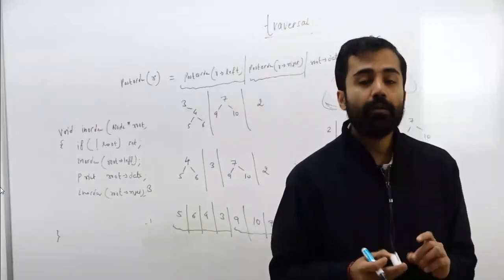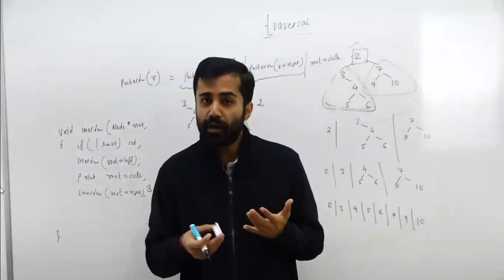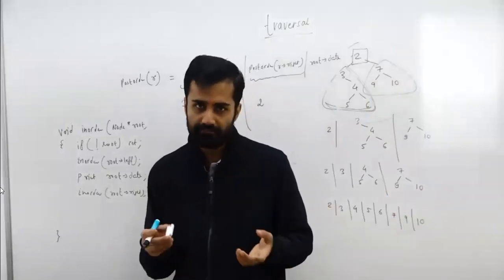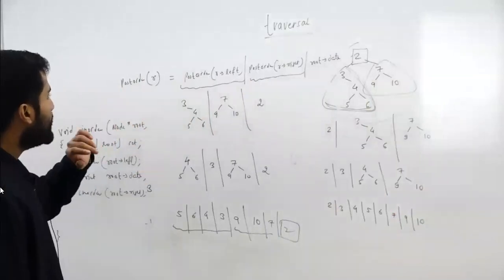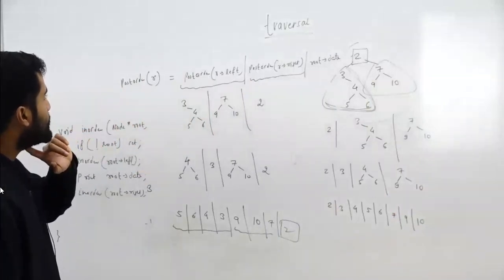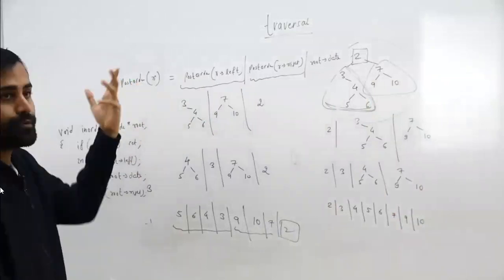Cool. Now, if you want, you can come up with your own order, your own different sorts of order. People keep coming up with it. So somebody would say that, hey, let us come up with something called reverse post order.